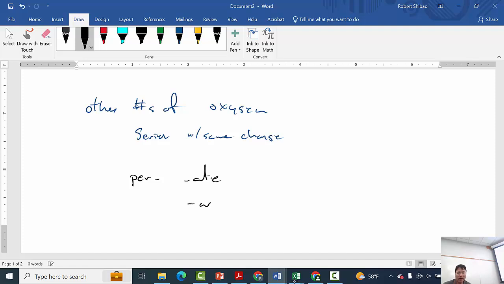And then we'll have the -ate. And then we'll have something called the -ite. And then we'll have the hypo-ite. So what we do with this is the -ate is our reference point. And so the -ate we get off the periodic table. The per-ate is plus 1 oxygen.